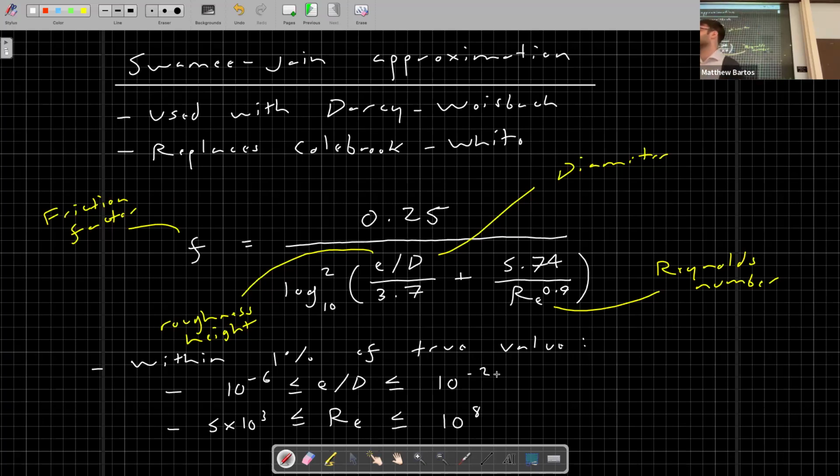Yes? What is that 2 about the log 10? So you can think about it like this. Take the log 10 of this expression here and then square the entire thing. So I'll just write it like this to be explicit.